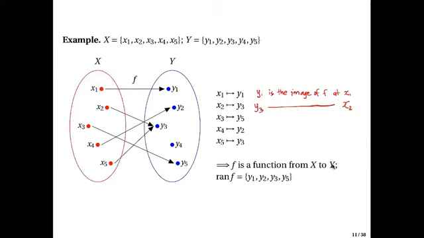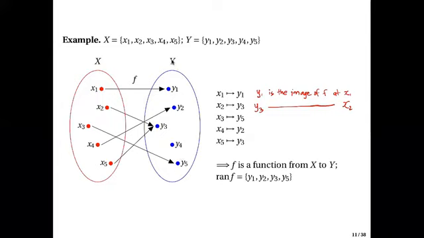We already mentioned that. But in here, the range of F, take note of this. Notice only Y1, Y2, Y3, and Y5 have partners from X. So the range of F is just Y1, Y2, Y3, and Y5. Y4 here is not included in the range of F. Okay?